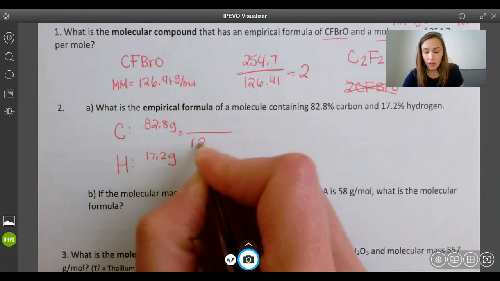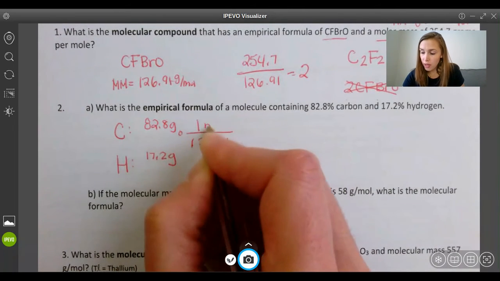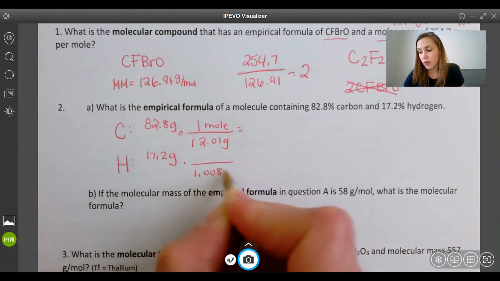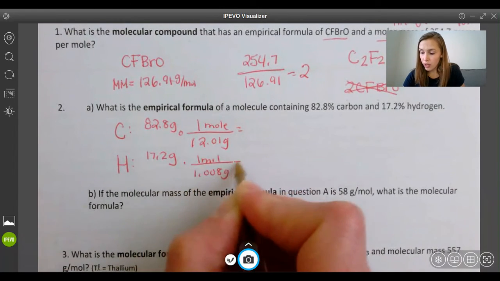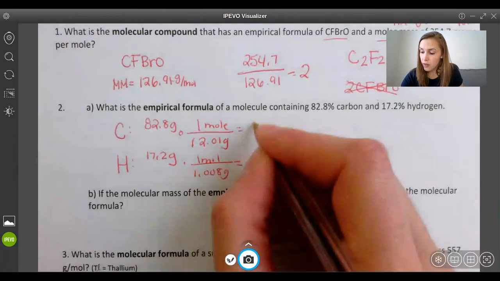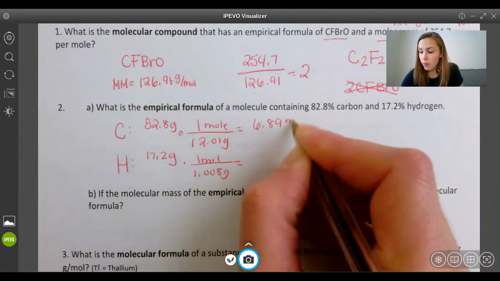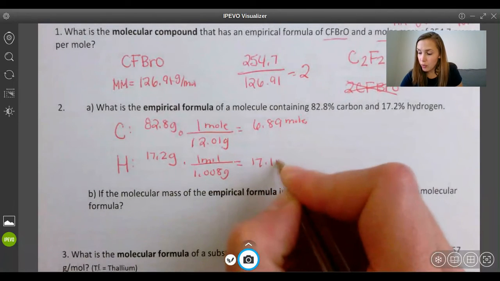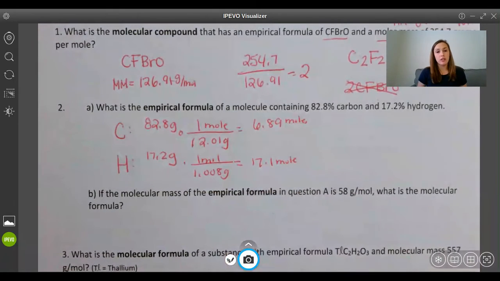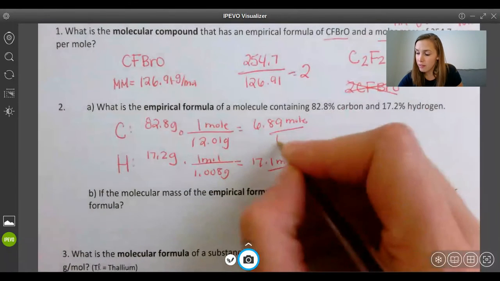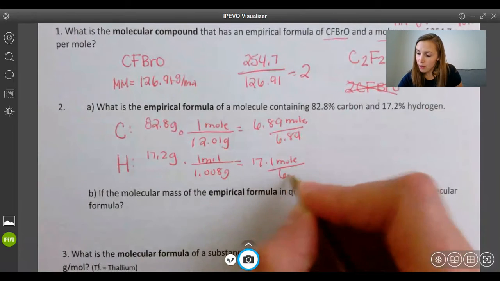I'm going to use each of their molar masses. For carbon, that's 12.01 off our AP reference tables, and for hydrogen it's 1.008 with our 1 mole there. When you divide those, keeping to 3 sig figs, I get 6.89 moles of carbon for every 17.1 moles of hydrogen. Just like our previous process, we're going to get these into whole numbers by dividing them by the smallest amount of moles.